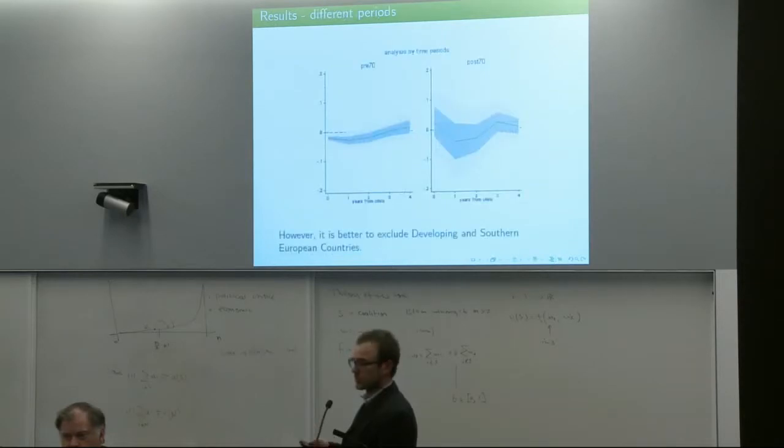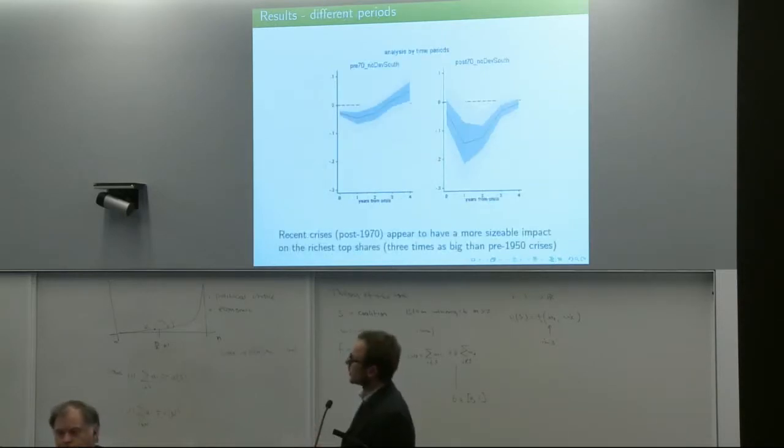What about differences over time? If we get rid of the developing countries and Southern European countries, and if we split the sample between post-1970 and pre-1970 sample, what really happens is that recent crises seem to have an impact on top income shares which is 3 times as big as the earlier crises.